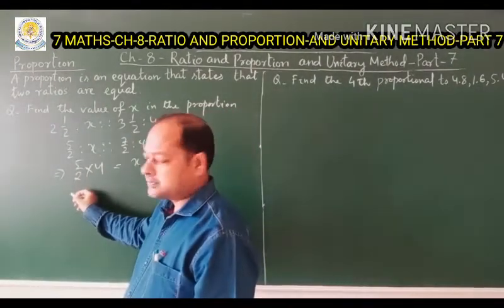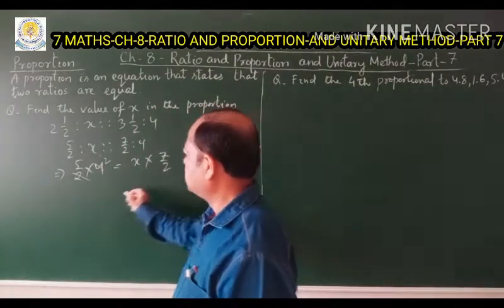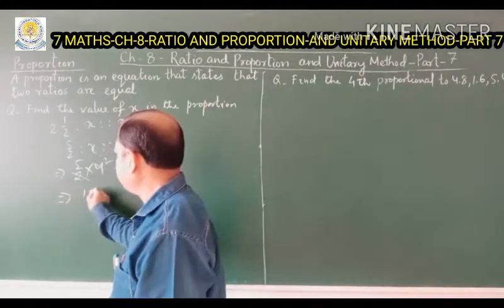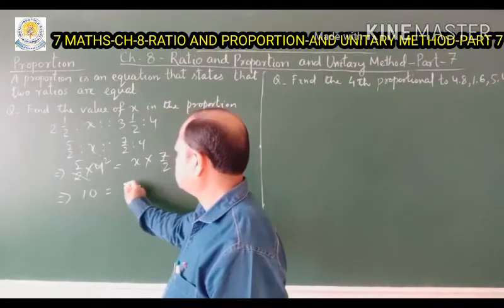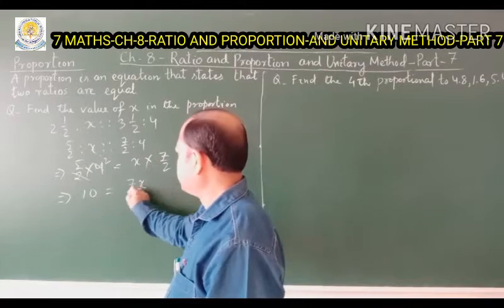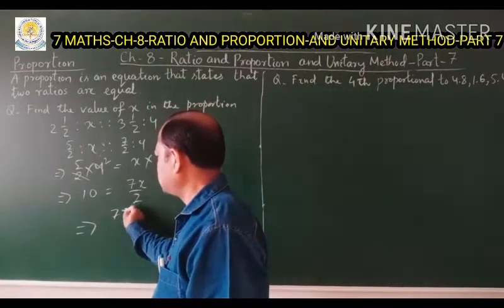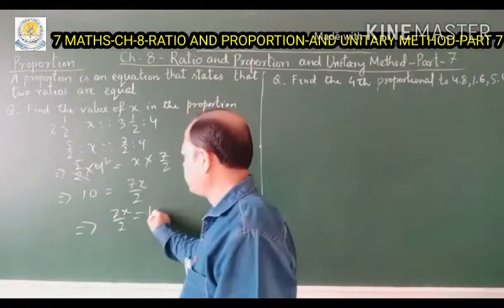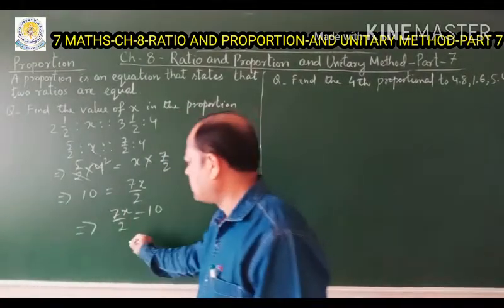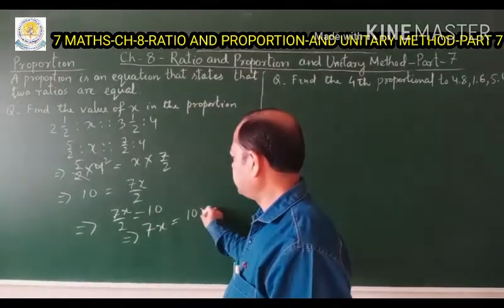So simplify it. 2 2s are 4, or 10 equal to x into 7, that is 7x upon 2, or 7x upon 2 equal to 10, or 7x equal to 10 into 2.